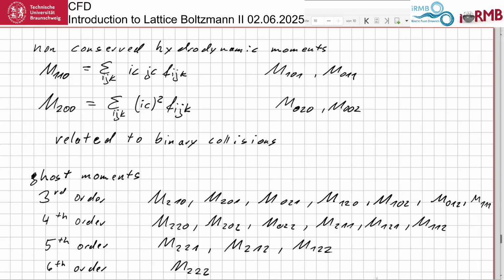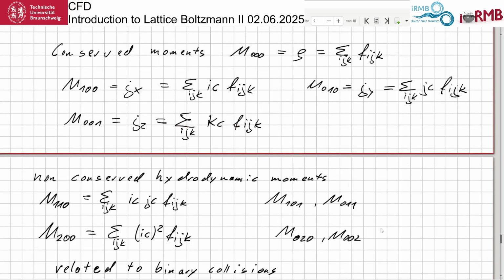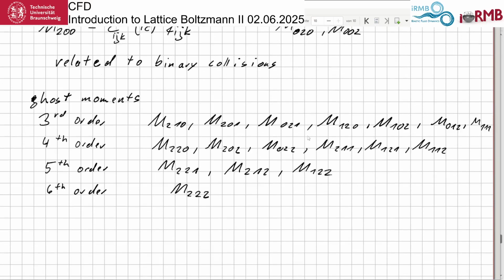Now if you count them, 1, 2, 3, up to 27, this is the number of populations that we have. Now, if you were counting, you could ask yourself, why is there no M300? Because this would also be a third order moment. Maybe you already know why.